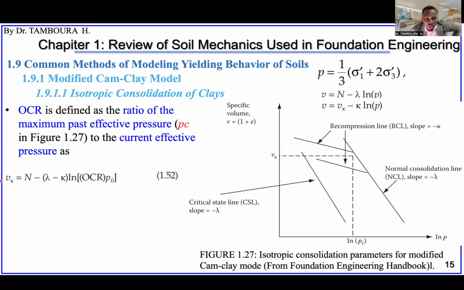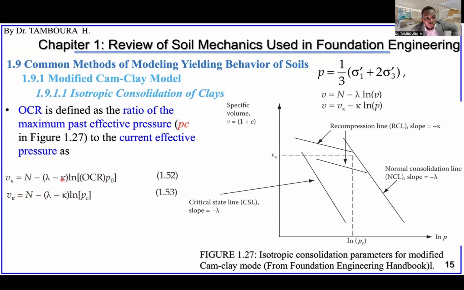So here is the equation between the over consolidation ratio and the specific volume V. Hopefully, all these equations are what the numerical software is using. We can arrange this in this way.